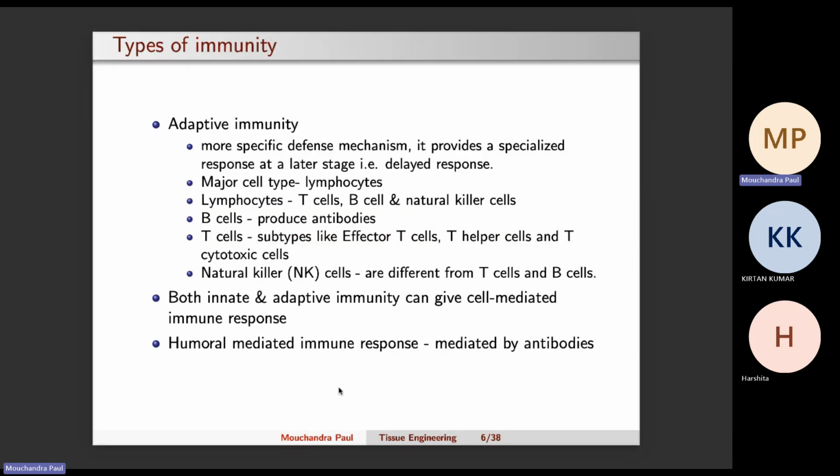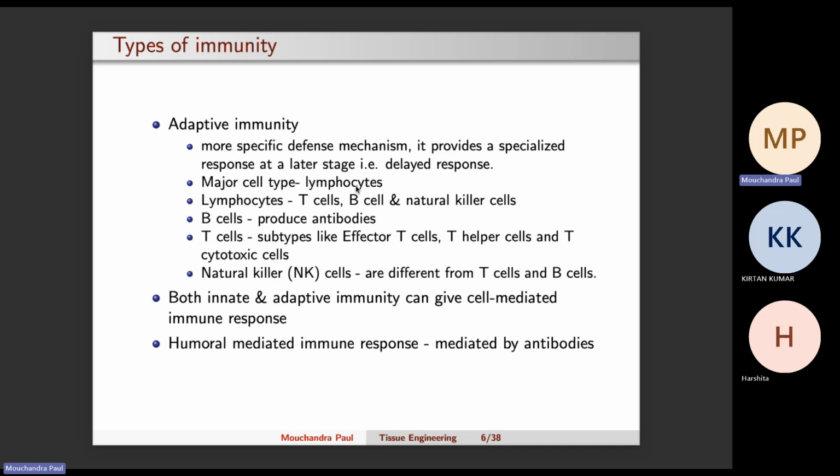Whereas adaptive immunity is very specific in the way it acts, okay? The components of the adaptive immunity will first try to recognize, and depending on what it is, will engineer an appropriate immune response, which is why the response is delayed. The major cell type of adaptive immunity is the lymphocytes.